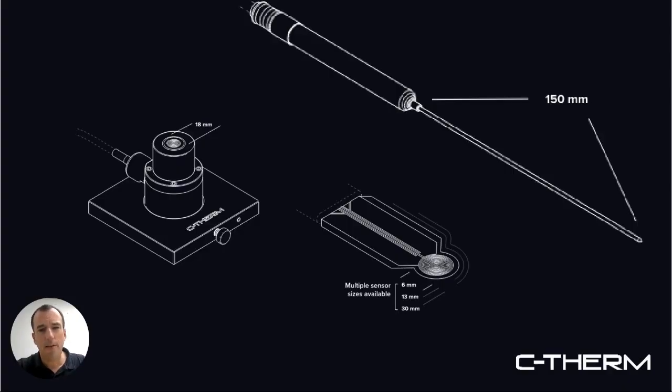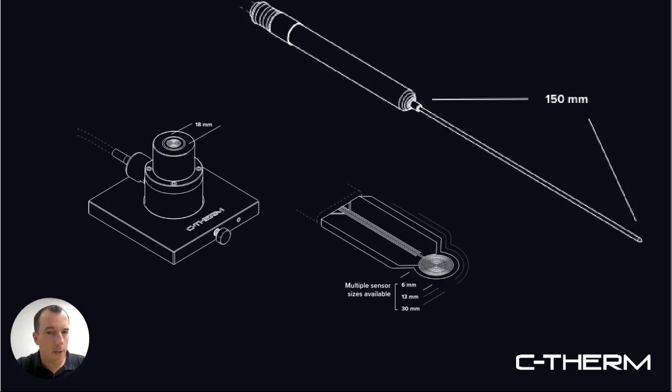This is just giving you an indication of the size of the sensors, and this helps inform the minimum sample requirements. So the needle is quite long. It's 150 millimeters in length. It's the largest sample requirement of our methods. And again, it's meant for more semi-solids, polymer melts, these types of scenarios.